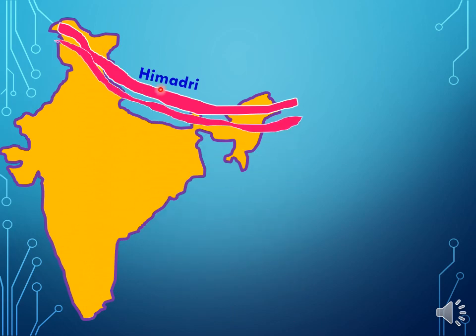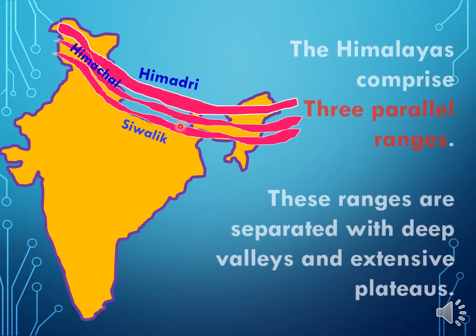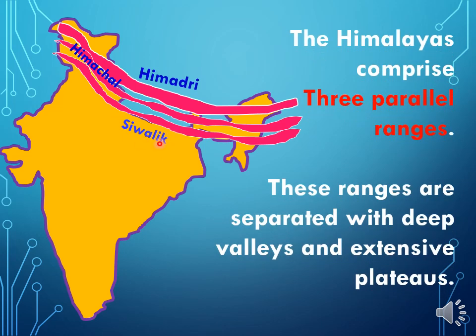These three parallel ranges are separated by deep valleys and extensive plateaus. In between these ranges, there are deep valleys.